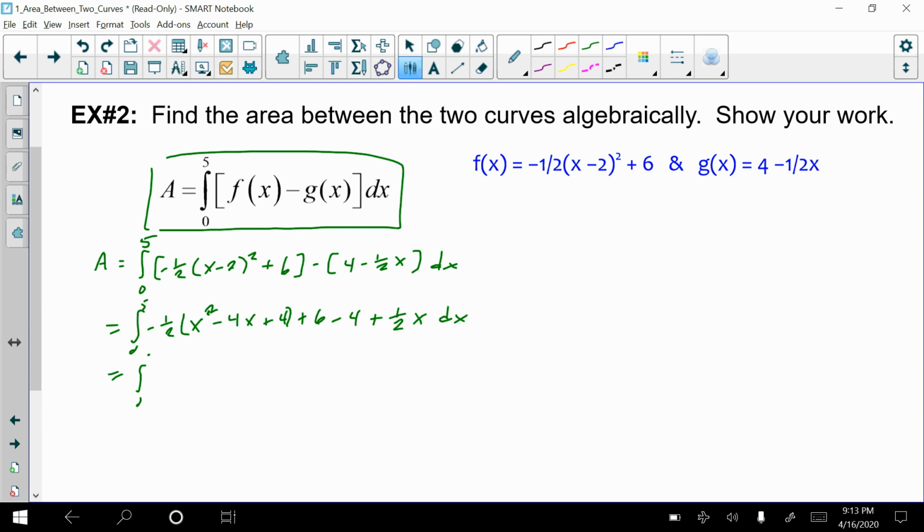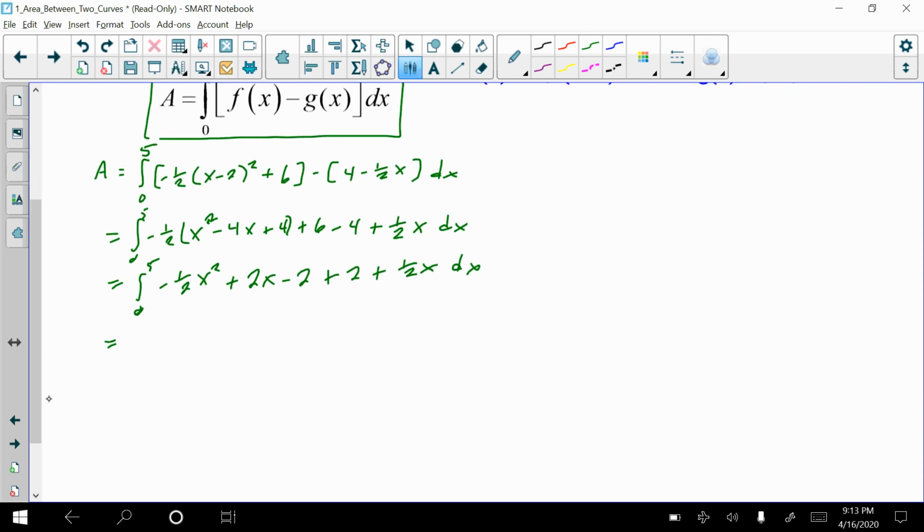So that'll give me negative 1/2 x squared plus 2x minus 2. And the 6 and the 4 we can combine. The 6 minus 4 gives me a positive 2, plus the 1/2 x, dx. Essentially, this is just an exercise in combining like terms before we do our integration.